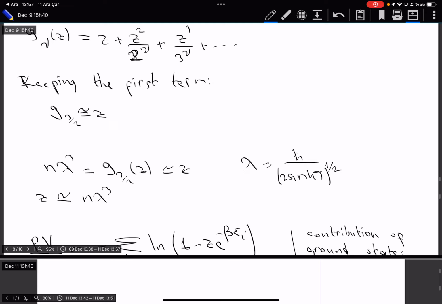So if N is fixed, you have a fixed number of particles in a fixed volume, then the only way that z can change is the temperature. So z, which is almost equal to N lambda cubed, can be very small, close to 0, only if t becomes very large. So that is why we know that the z close to 0 limit is actually the large temperature limit.